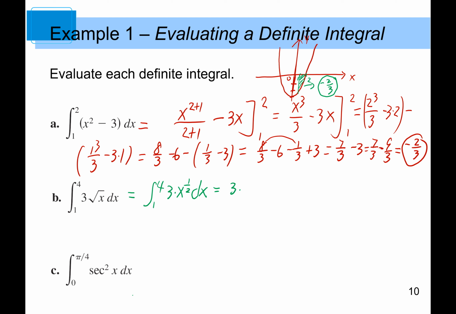So 3 times x to the half plus 1 over half plus 1, from 1 to 4. Now simplify the rational expression first. Half plus 1 is 3 over 2.